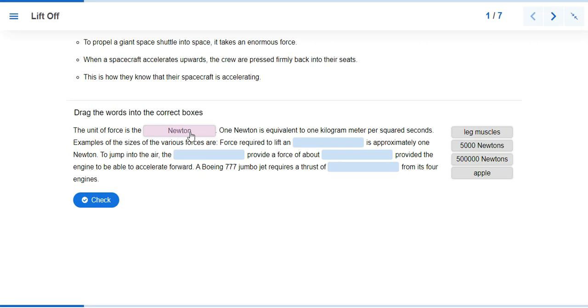Examples of the sizes of the various forces are force required to lift, let's see, can it be leg muscle, can it be apple? Apple now is approximately 1 Newton. To jump into the air, the leg muscles provide a force of about 5,000 newtons.